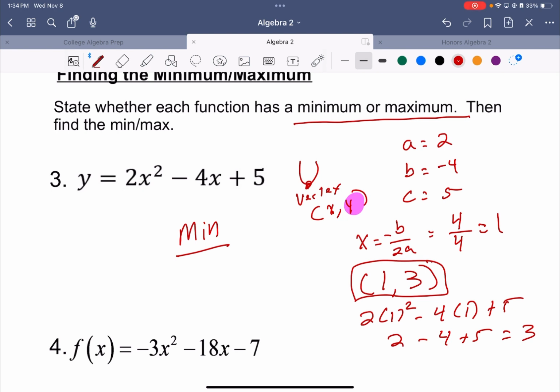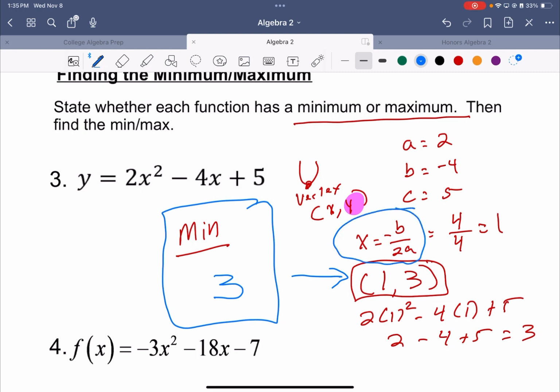That makes the minimum value 3. It may just be asking you for the maximum or minimum, but in order to do this, you have to find the vertex. That means you have to find the axis of symmetry if it's in standard form.